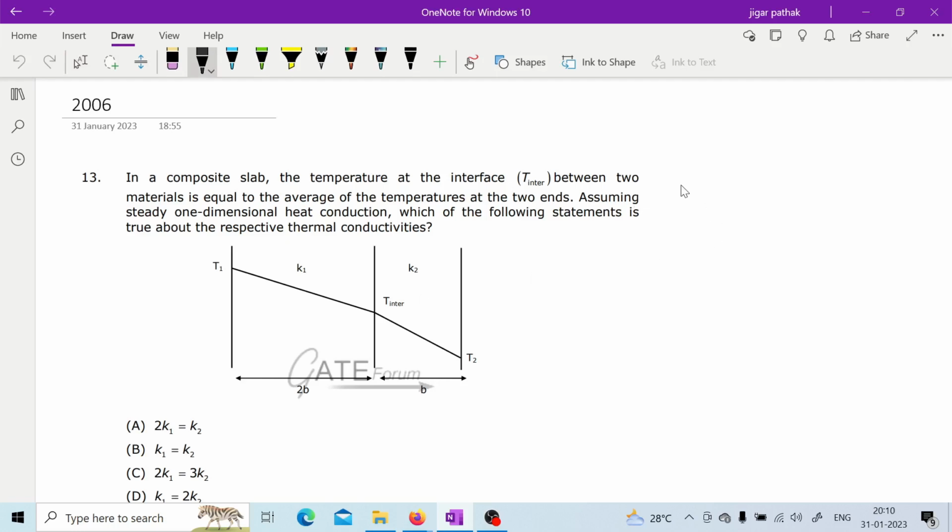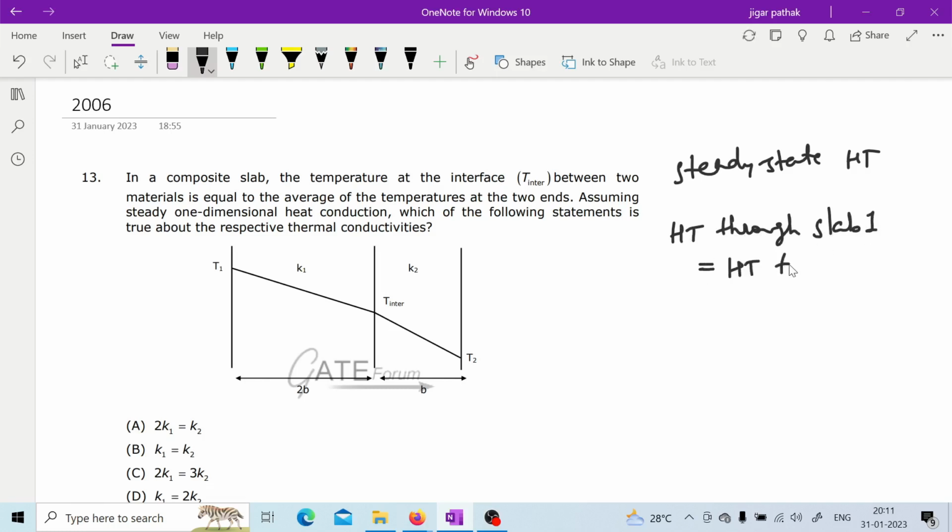So for steady state heat transfer, heat transfer through slab 1 is equal to heat transfer through slab 2.